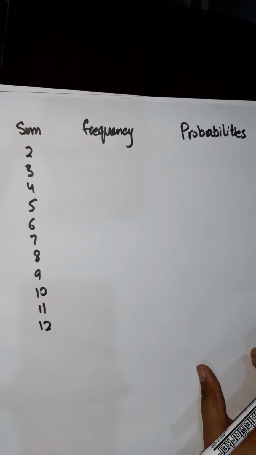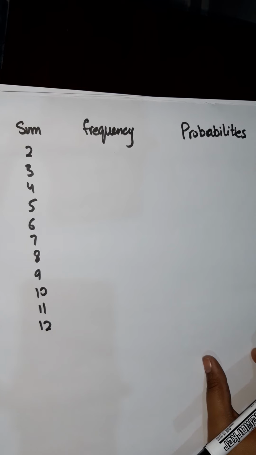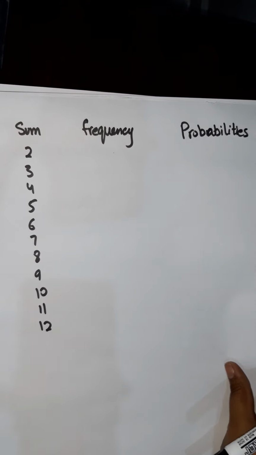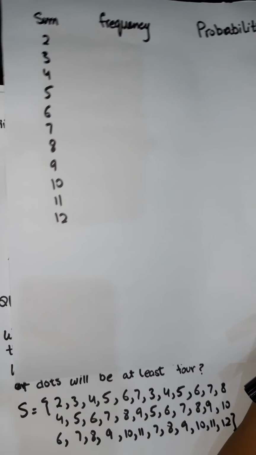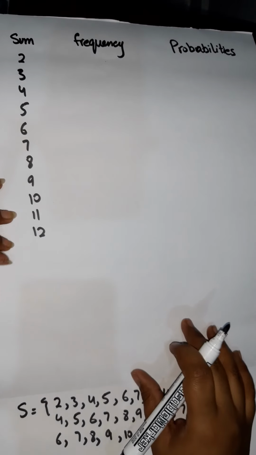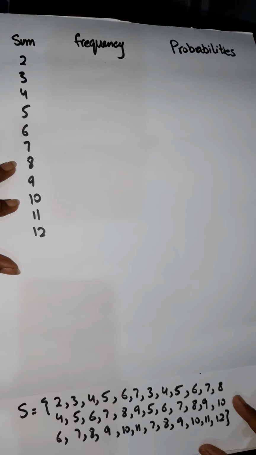Now frequency, what is frequency? We all are familiar with this word. In statistics, frequency means the number of repetitions, the number of times that an item occurs. So here we are using this sample space.